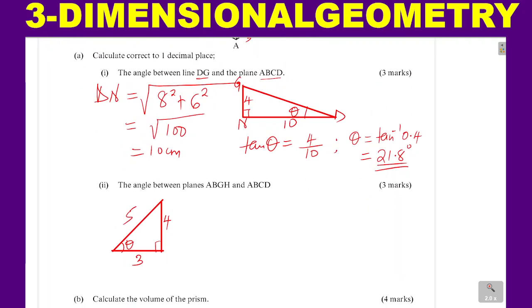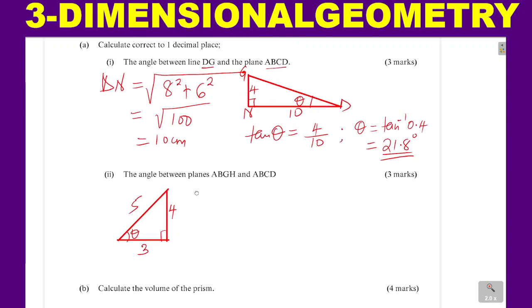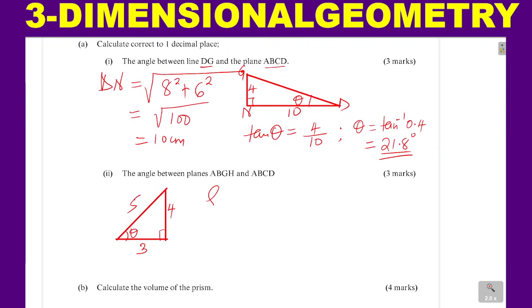We can use any ratio here. Let me use sine. You can use tangent or cosine, any that you want. So sine of this angle, theta, which you can call theta or alpha, is equal to opposite, which is 4, divided by hypotenuse, 5.